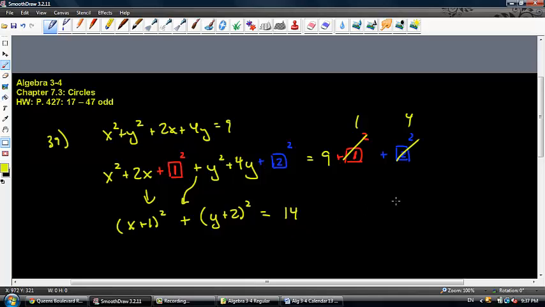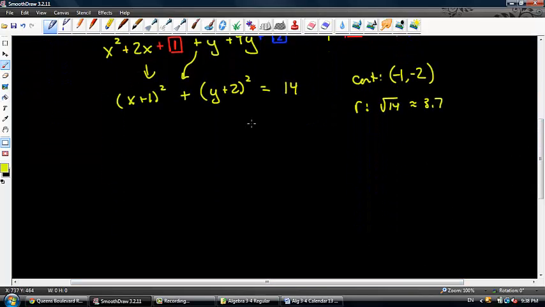And so now our center is going to be at negative 1, negative 2, and that came from these coordinates here, opposite intuition, opposite intuition. The radius is going to be square root of 14, which is kind of like 4 but a little less, so I'll say 3.7. Why not?